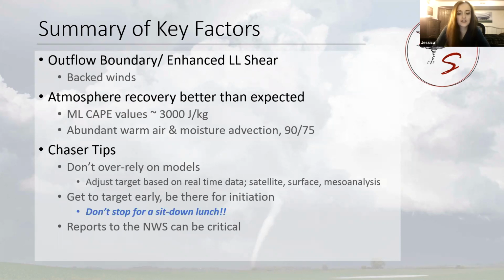If it doesn't clear out early enough or quickly enough, you don't have enough time for adequate insolation to build up the instability and erode some of that capping to allow storms to really develop and mature. So it's really challenging because it's hard to know whether the atmosphere is going to recover enough that storms are going to be able to sustain themselves.